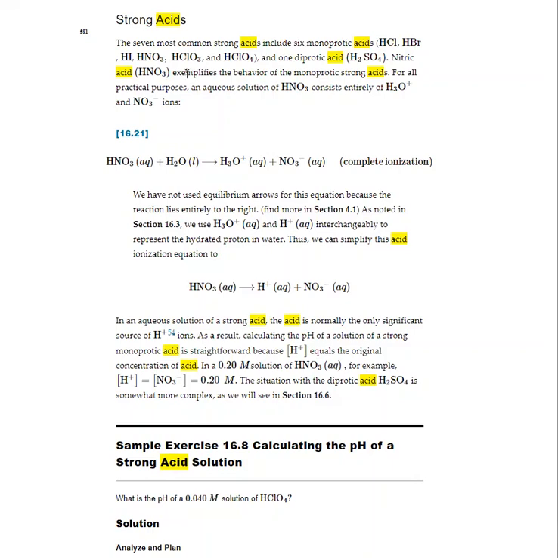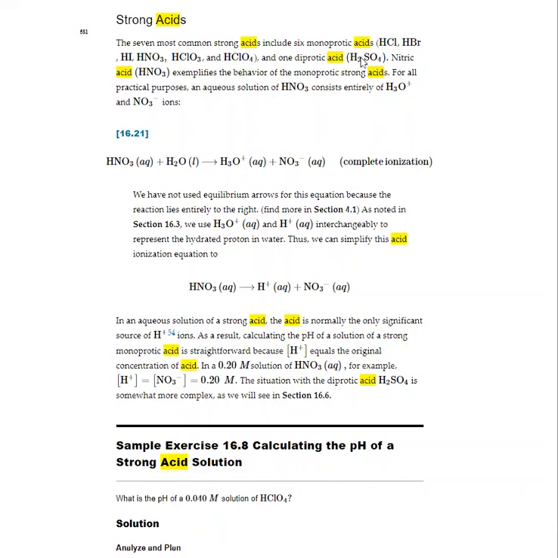The other ones have 2 more oxygens than hydrogen. So HNO3, 2 more oxygens than hydrogen. HClO3, 2 more oxygens than hydrogen. And as you add on that extra oxygen, it just becomes slightly more acidic. There's no really general rule to remember that. You've just got to memorize that.